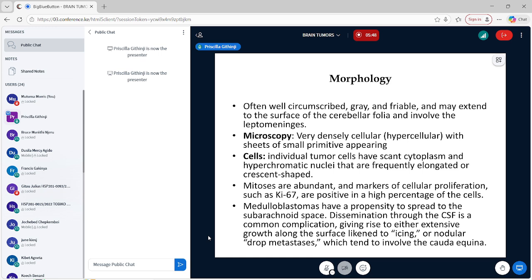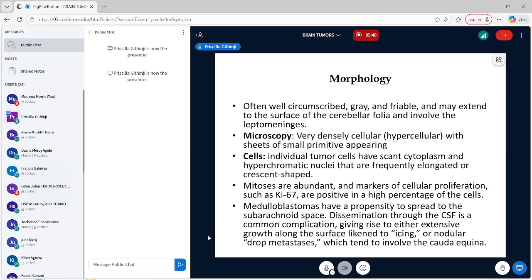Since these are grade 4 tumors, they have abundant mitosis, and when you stain them with markers of proliferation, their Ki67 index is going to be very high, almost 100%, showing you that there is high mitosis.